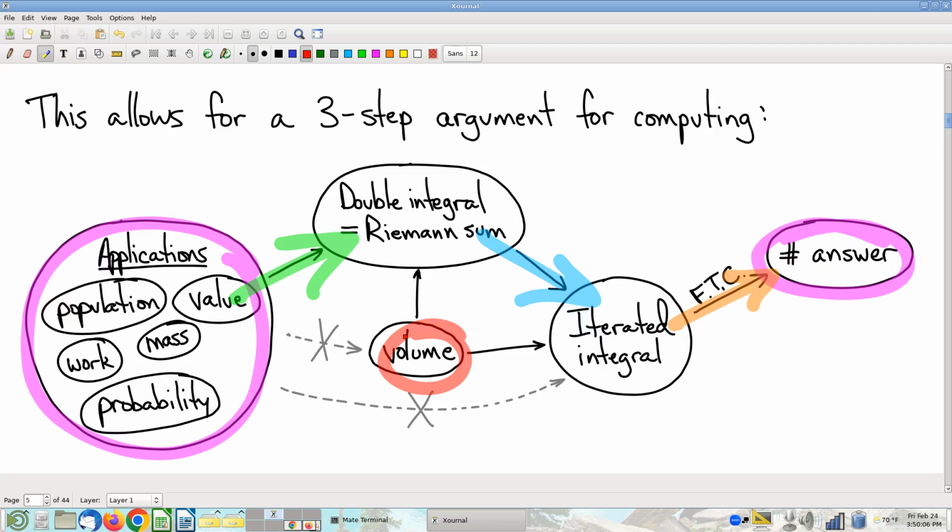If I've been asked to compute the number of people in Wyoming, right? Double integral, iterated integral, answer. Volume didn't come up. Volume is not part of the reasoning that gets us the answer to that question. I guess it's geometrically satisfying, and it's good for visual, geometric satisfaction. But that's all kind of personal, right?